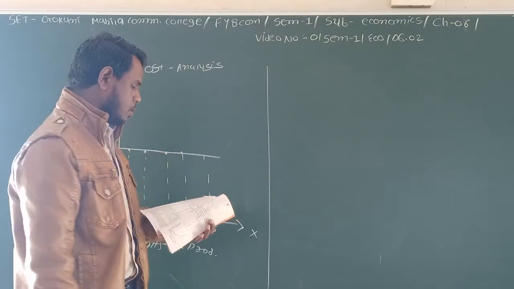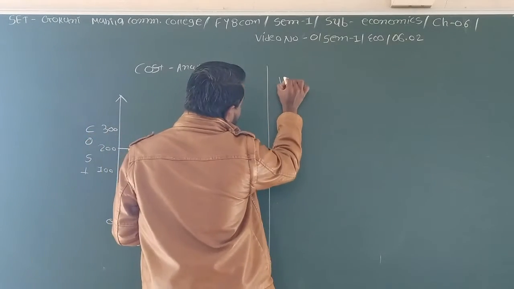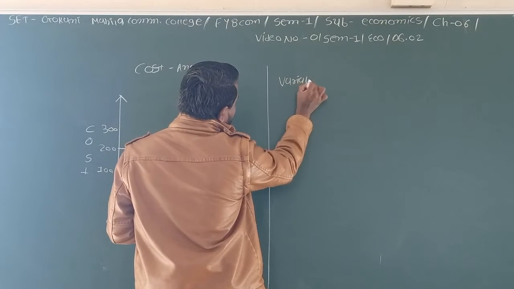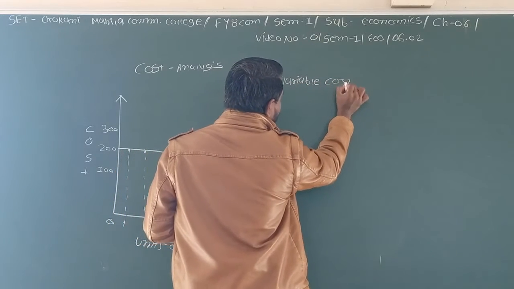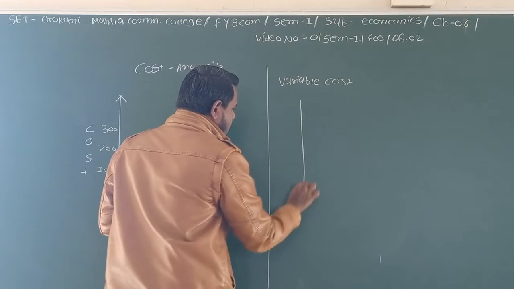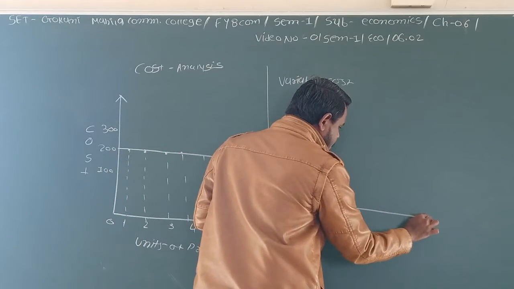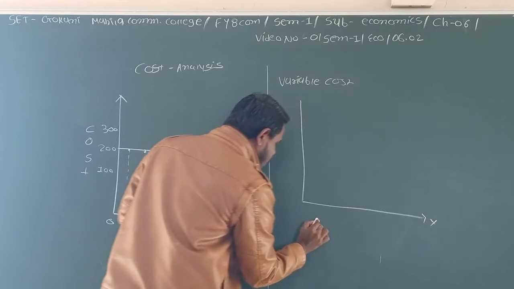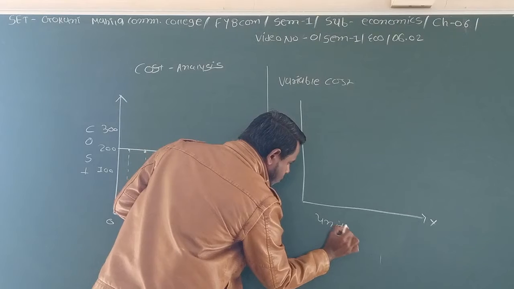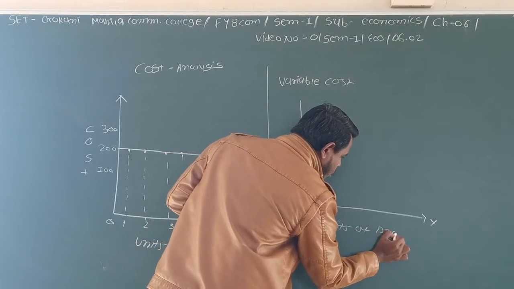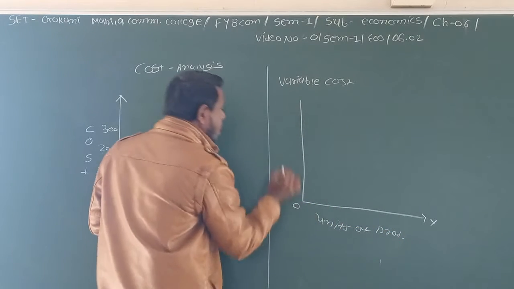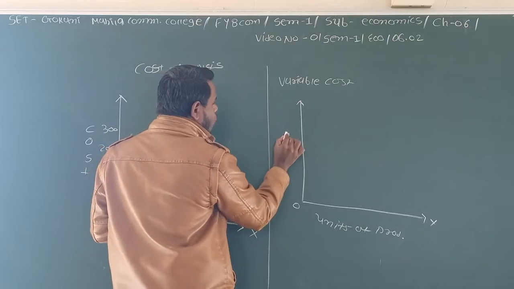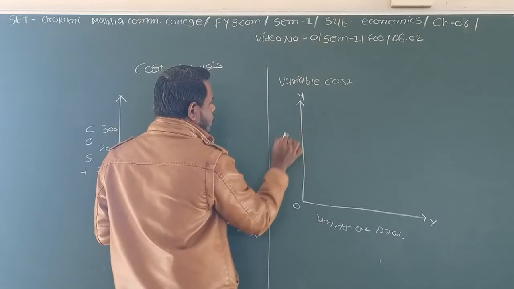Now let's see what is variable cost. So the diagram will be the same. On the OX axis there are units of production, and on the OY axis there is cost.